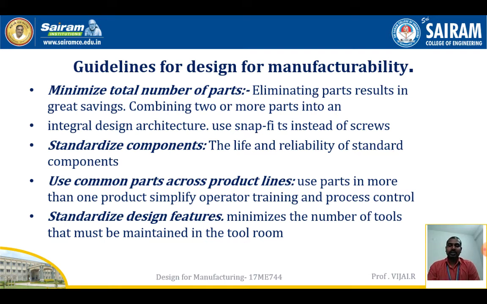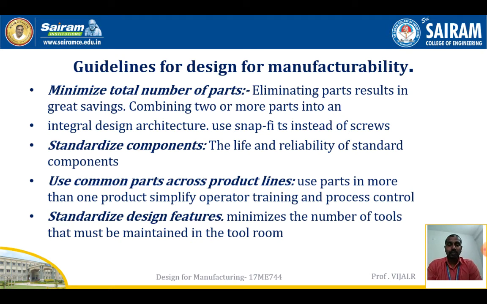Use integral design architectures, combining two or more parts, then you can have easy methods. And we have to use standardized components. You can see so many components we purchase have good quality, meaning no issues, and a long life.